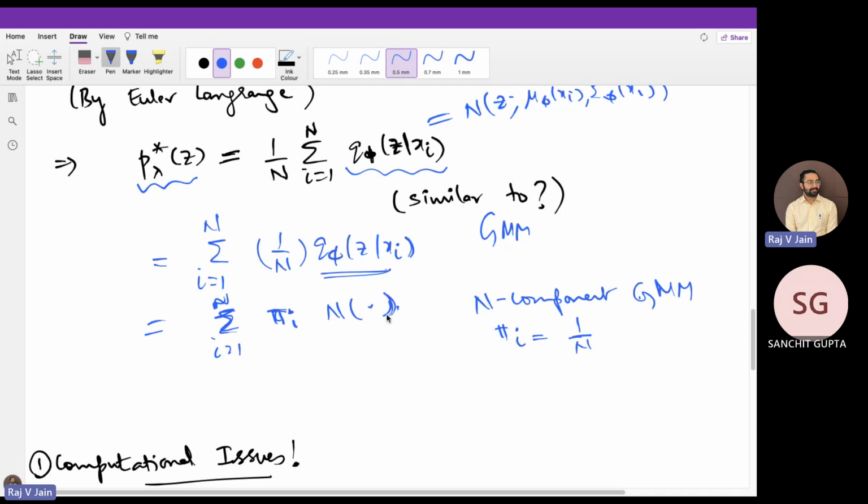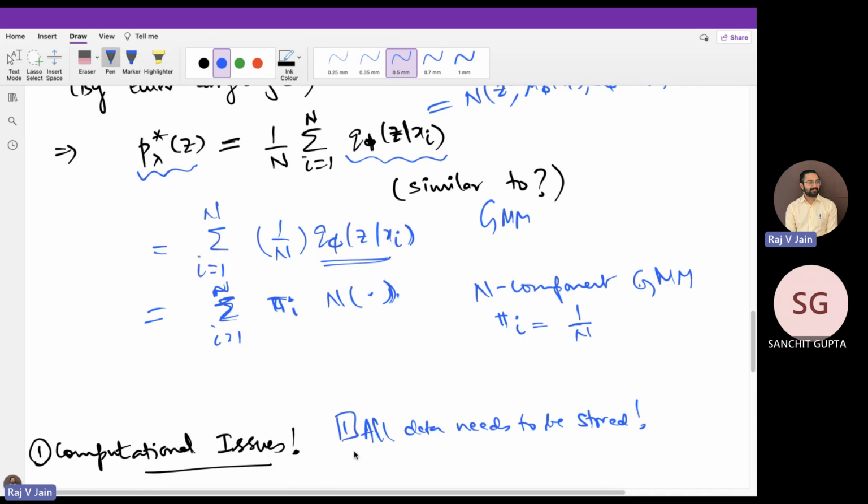Now, if you think about it, you will need to save all of your training data, all x_n have to be stored. That is point number 1, and it becomes a computationally challenging point.